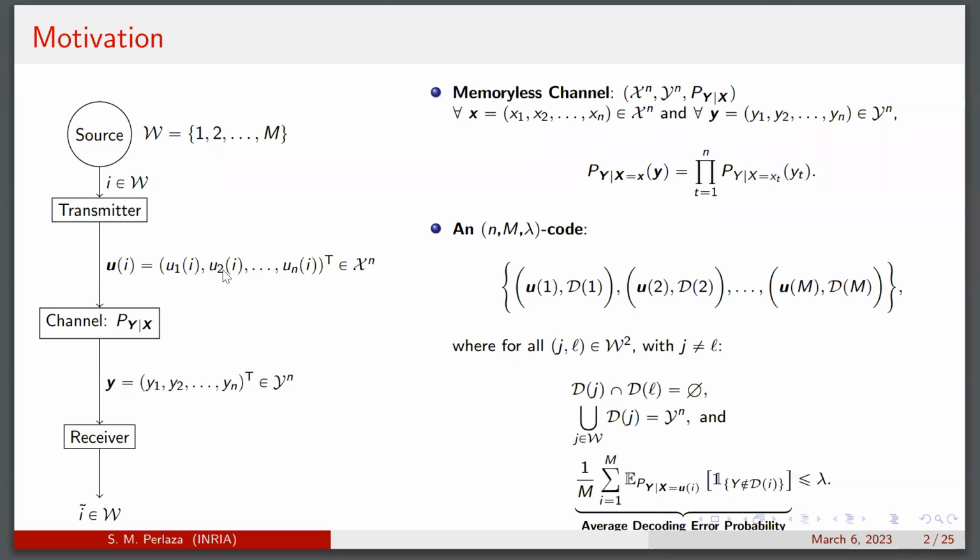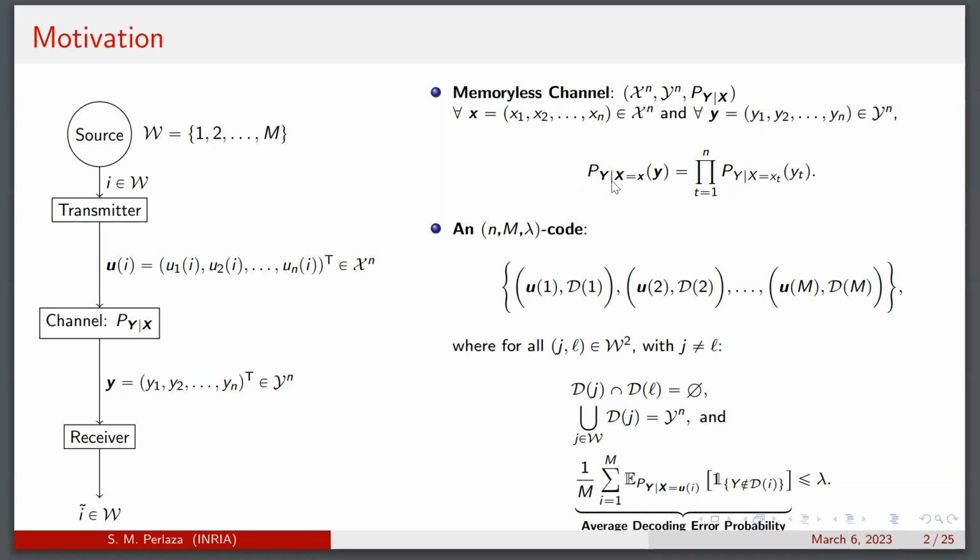Then when we put that code word at the input of the channel, we obtain a vector with a given probability that we use at the receiver to guess what the output of the source was. The memoryless assumption is essentially that given an input, the probability measure of the channel is a product measure.